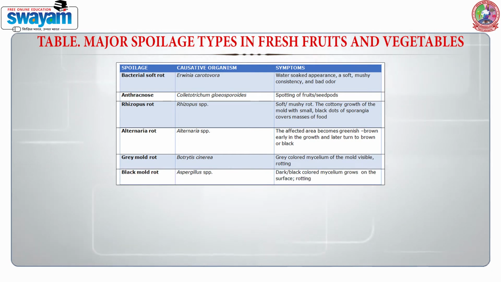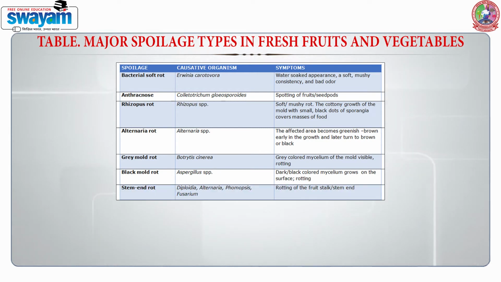Black mold rot is caused by Aspergillus species, and as the name indicates, it shows dark black colored mycelium which is present on the surface and rotting is also seen. There is another rot which is known as stem end rot, which is caused by Alternaria and Fusarium, and it results in rotting of the fruit stalk and stem ends.